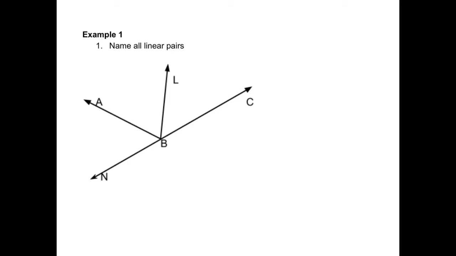Looking at this example, we are asked to name all linear pairs, keeping in mind that we need to be creating a line here. I see a bunch of rays, but the only line that I see is actually line NC or NB, whatever you want to call it, this line here. The rest of them are rays. So this is the line that we are trying to create pairs on.